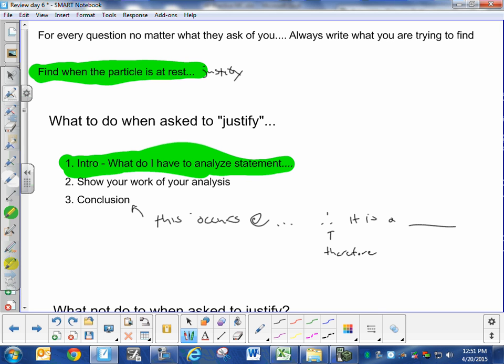You would start with your intro. You would say, I know what I need to do to find when a particle is at rest. What do I need to do? Exactly. Your first statement would be a particle is at rest when its velocity is 0. There's your intro. That is showing the test readers that you know what you're talking about. You know what you need to find.